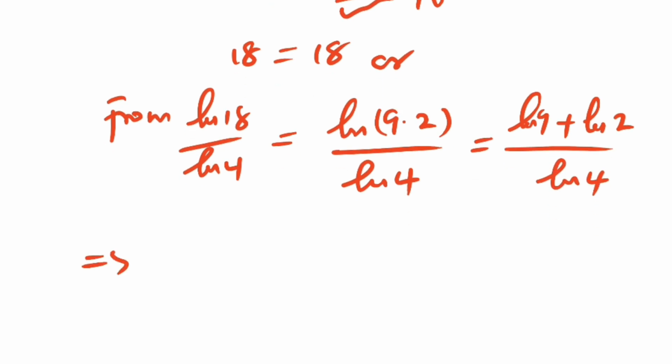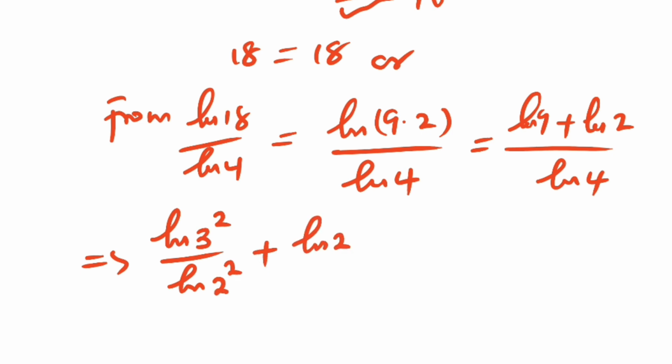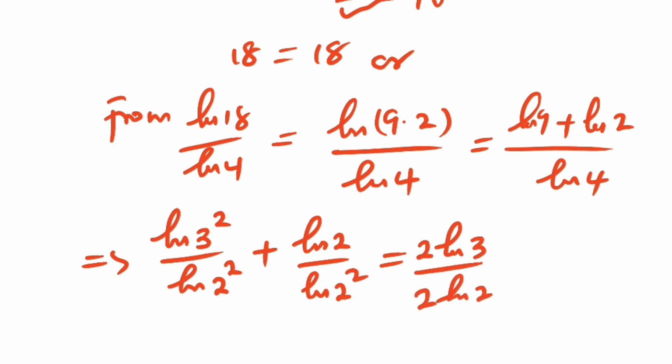Then this is ln of 3 square over ln of 2 square plus ln of 2 over ln of 2 square, and this is equal to 2 ln of 3 over 2 ln of 2 plus ln of 2 over 2 ln of 2. This ln of 2 cancels this ln of 2, and these 2 cancel these 2.